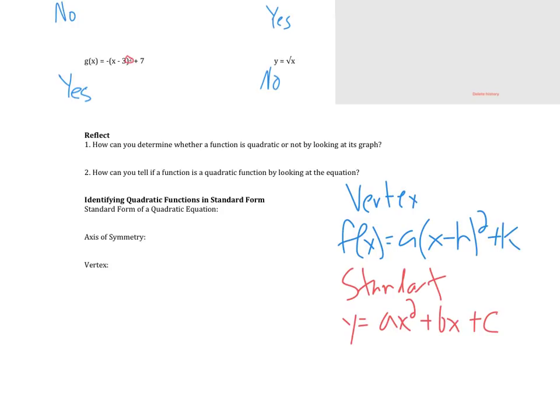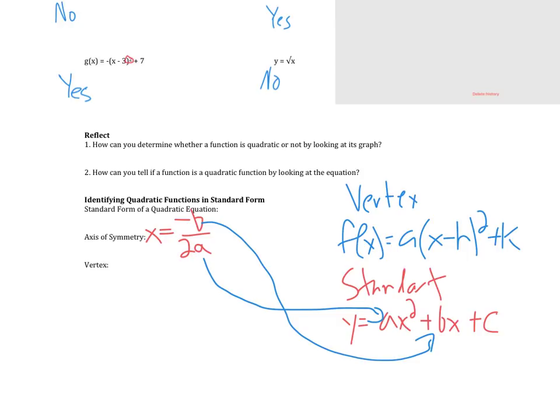And then from there, our axis of symmetry, since we're in a different form, we've got to do a little bit of work. We have a formula that's negative b over 2a, where the b comes from there and the a comes from there.